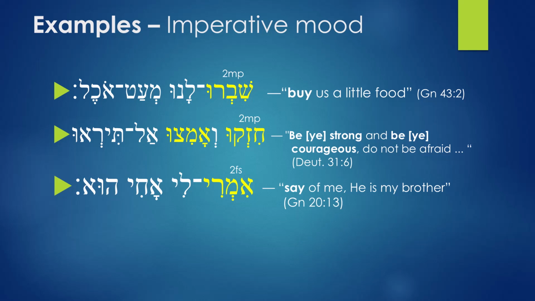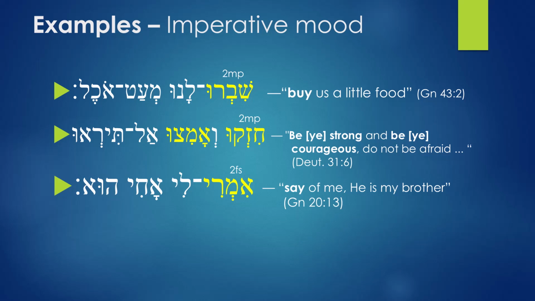Last we have Imri li, Makef joins the two words, Imri li achi hu. How do you translate that? You look at Imri, that's an imperative. The shua has gone to hirek, the T has disappeared, and it comes from Amar.